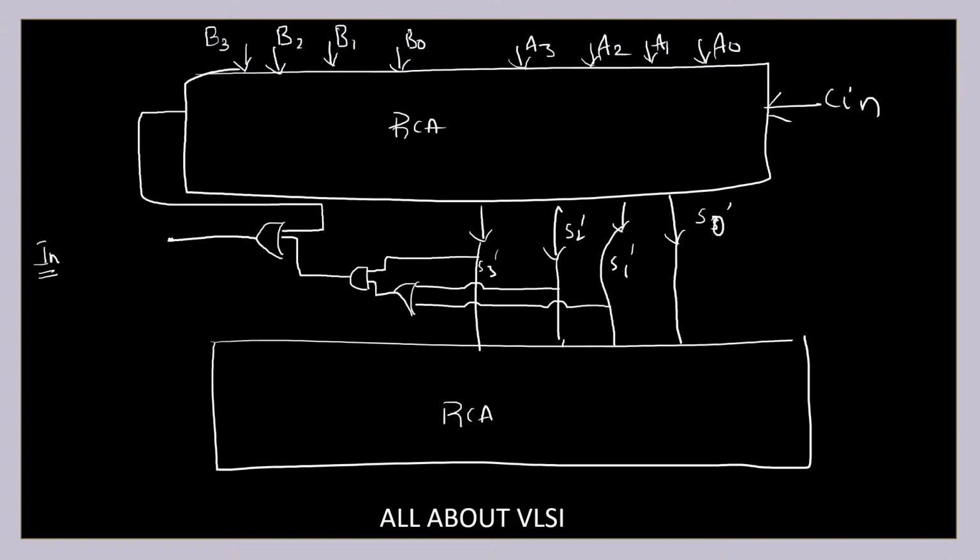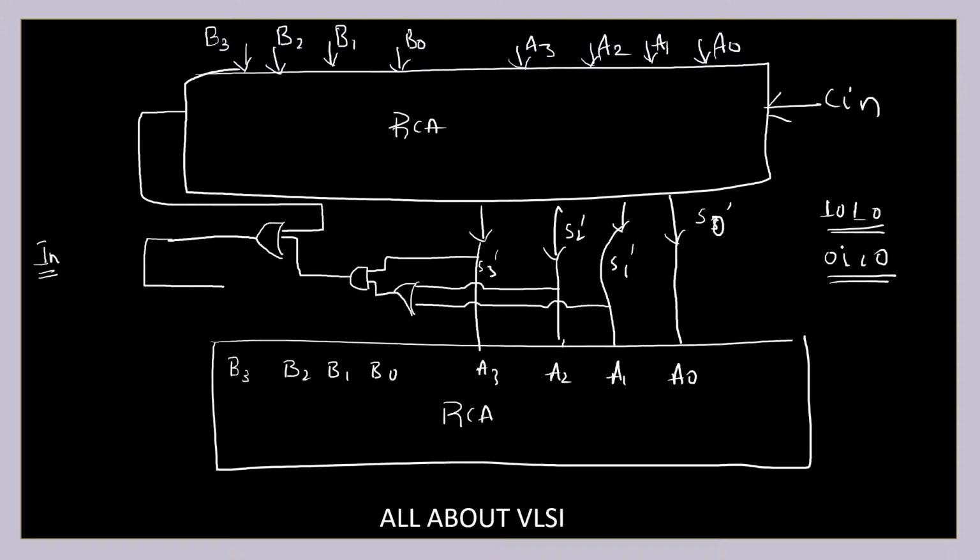Now this is my B3, B2, B1, B0 and this is A3, A2, A1, A0. What are we doing if our sum is, let's say, 1010, which is invalid? We are adding the second input 0110. You can see in 0110 the middle two bits are equal to 1. So whenever your invalid is equal to 1, the middle two bits should be equal to 1.